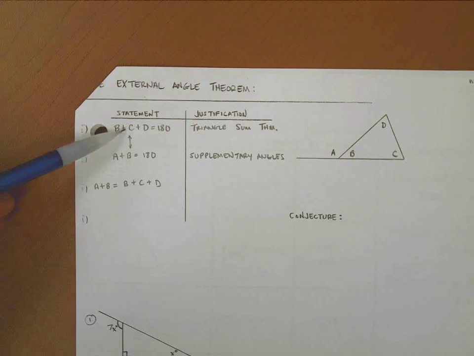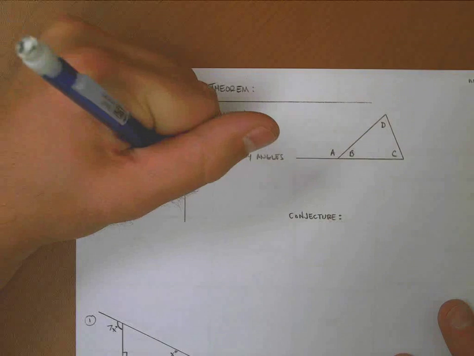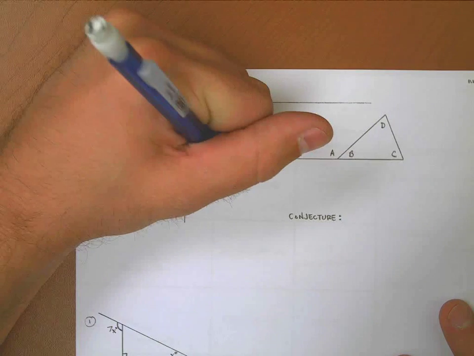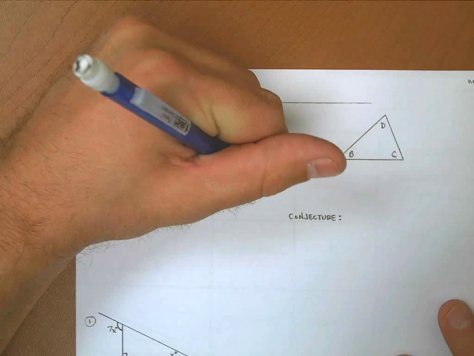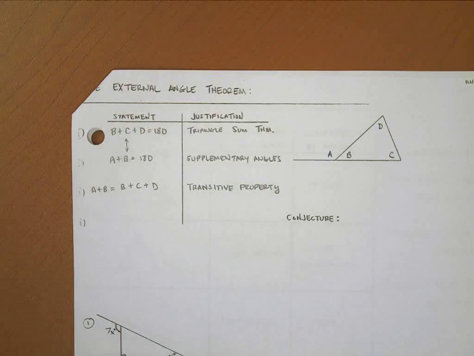Now, if I want to sound like a mathematician, I'm going to call this idea the transitive property of equality. It's a fancy way of saying I can set them equal to each other.